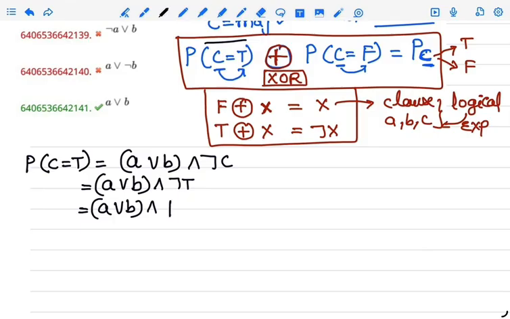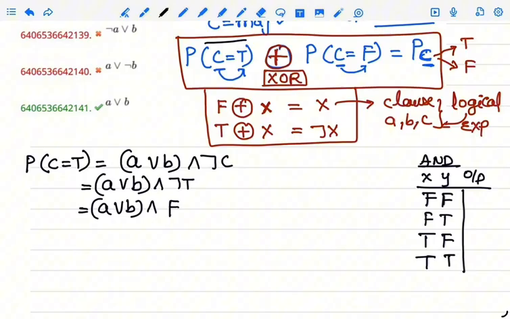In an AND gate, only if both inputs are true is the output true, otherwise false.